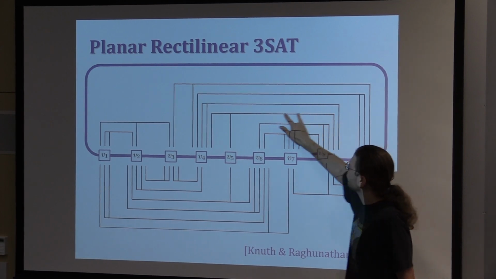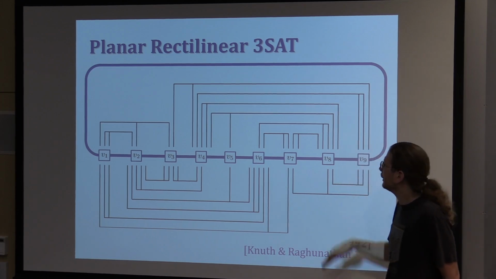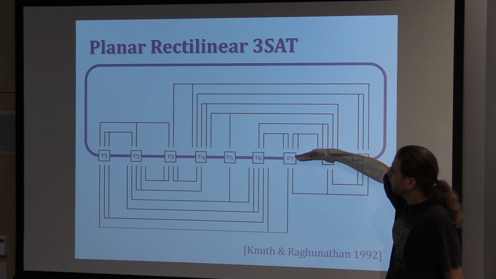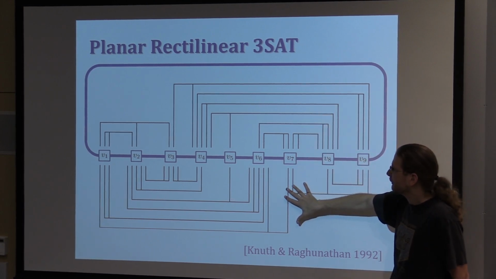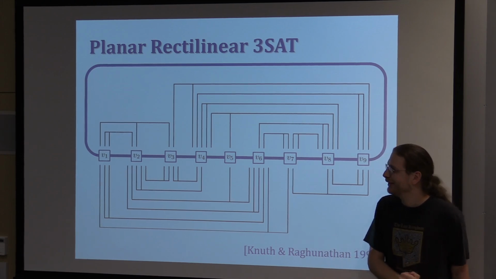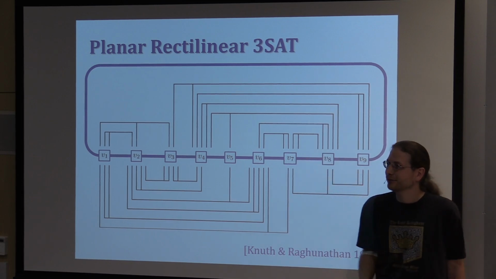And the clauses are horizontal segments. And then they're connected by vertical segments between clause and the variable. And all of the clauses that are above the x-axis should be all positive. All the clauses that are below the x-axis should be all negative. That would be planar monotone rectilinear 3-SAT. I jumped the gun. Planar rectilinear has no such constraint. Each of these could be positive or negative.